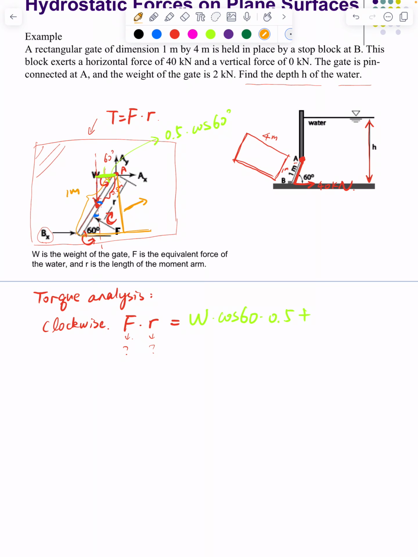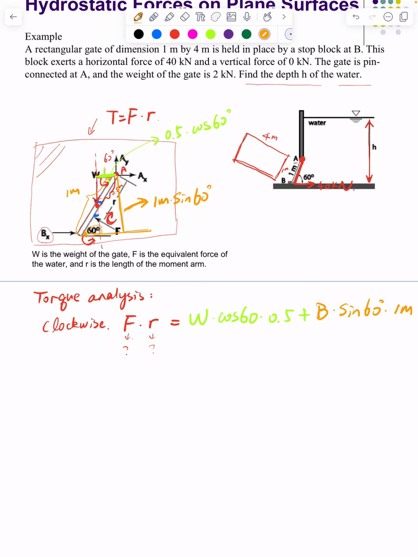So this effective R for Bx is 1 meter multiplied by sine 60 degrees, because here is 60 degrees, right? So it becomes B, or I just put B here, multiplied by sine 60 degrees multiplied by 1 meter.